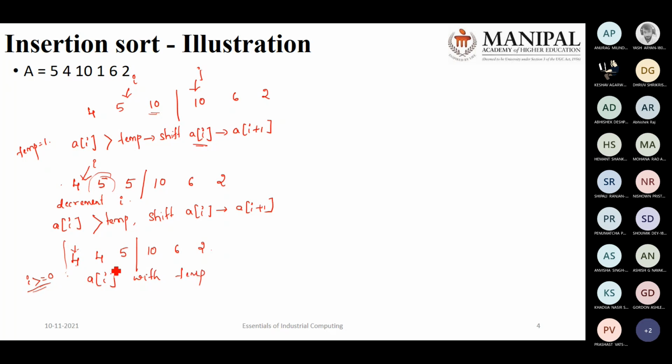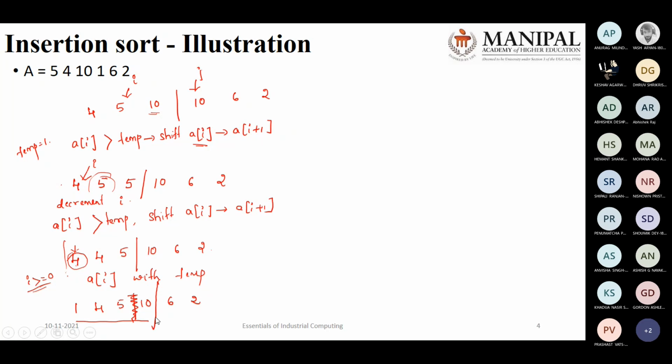So when you replace it with temp, temp is 1. So this is replaced with 1, 1, 4, 5, 10, 6, 2. You can see that it is not here now. The element is inserted into the sorted list. So the first 4 elements are sorted.